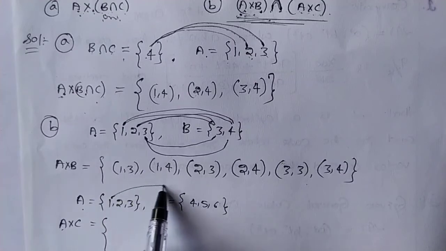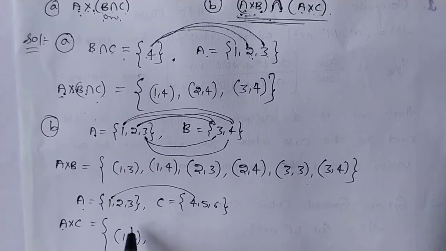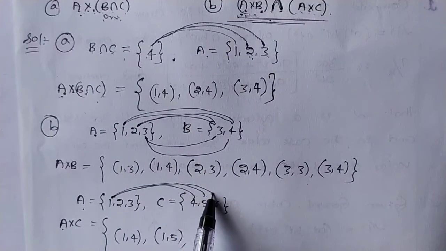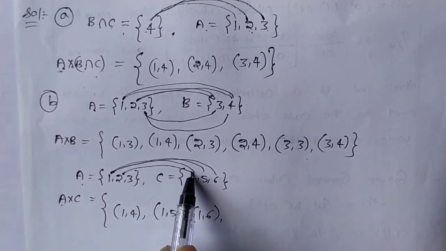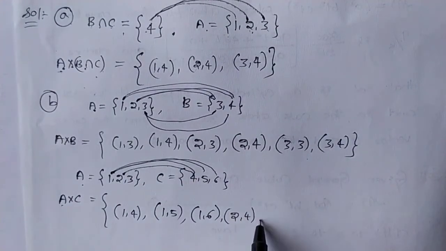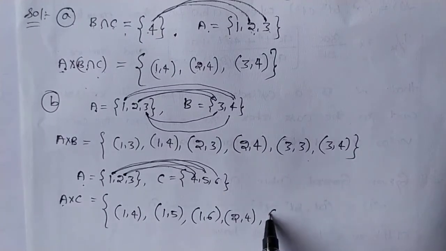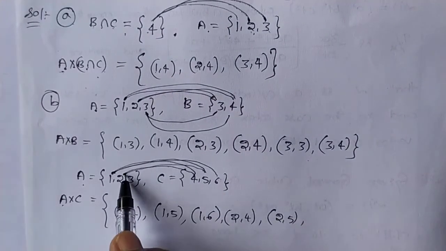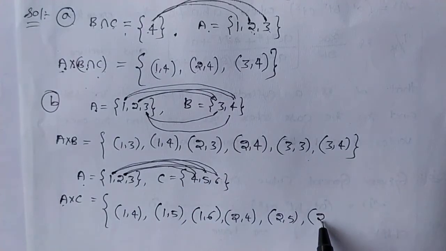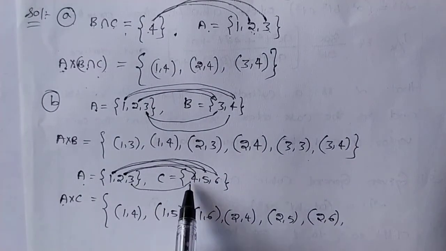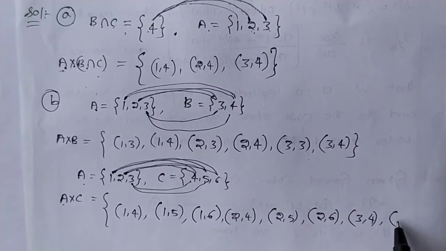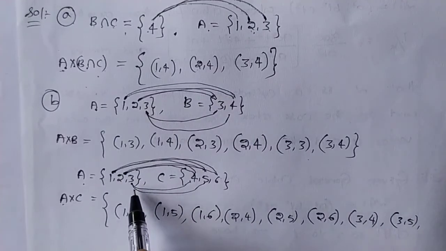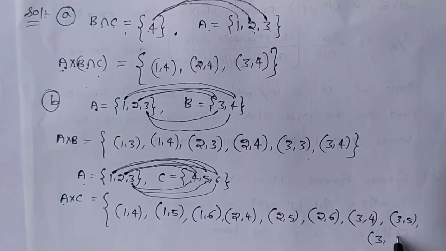A and C: (1,4), next (1,5), next (1,6), next (2,4), next (2,5), next (2,6), next (3,4), next (3,5), next (3,6).